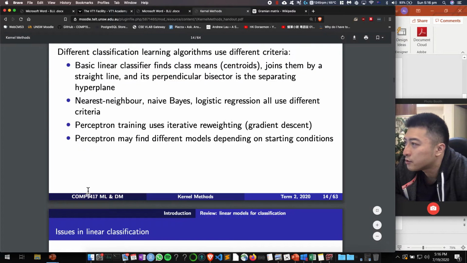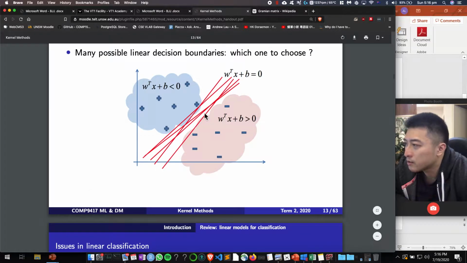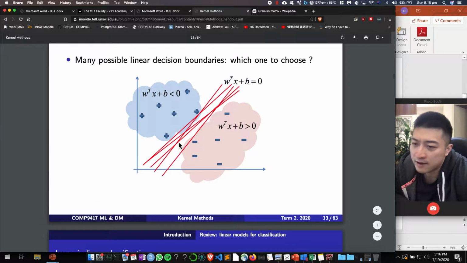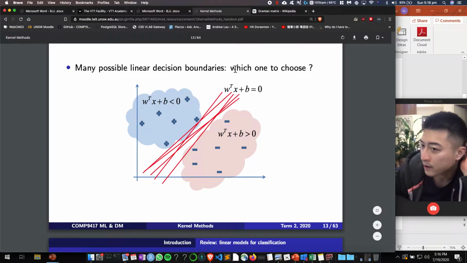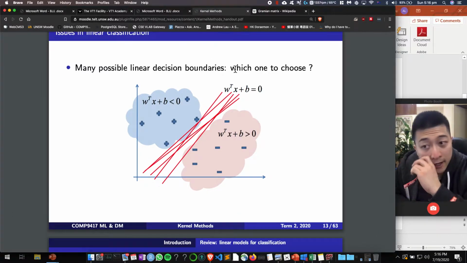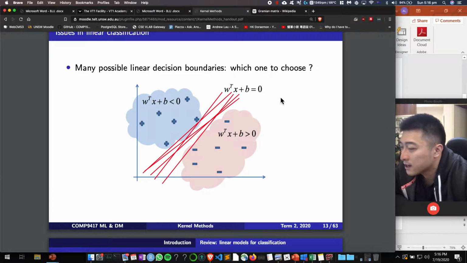Okay, so let's talk about this a little more. Let's have a think about it. If we, as a human, were to draw a line, let's think about the ways we go about deciding what is the best separating hyperplane.